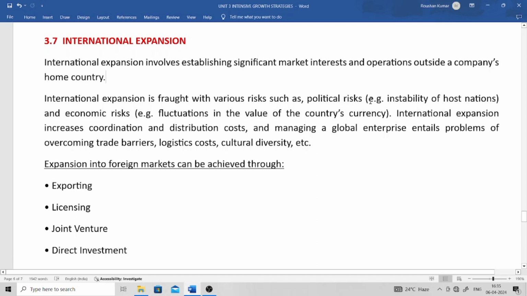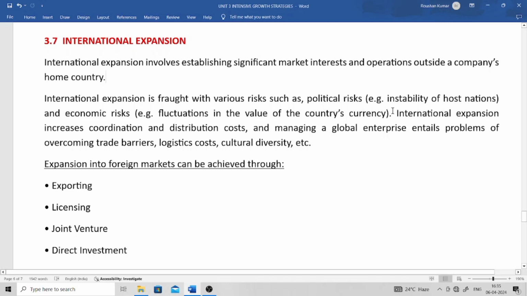So exporting is marketing of domestically produced goods in a foreign country and is a traditional and well established method of entering foreign markets. So what happens in exporting? Simply marketing of domestically produced goods in a foreign country.